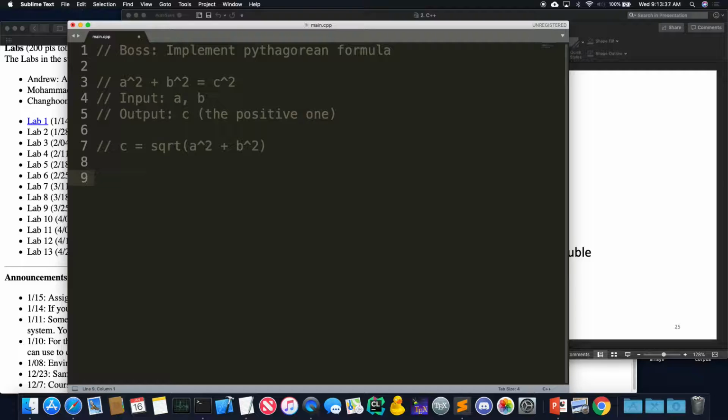Okay? So let's see. Would it make sense for us? So integers obviously make sense as input here. Would it make sense for a user to input a floating point value? So a float or a double, the same thing. Would it make sense to have them have a fractional part of the number? Possibly, yeah.